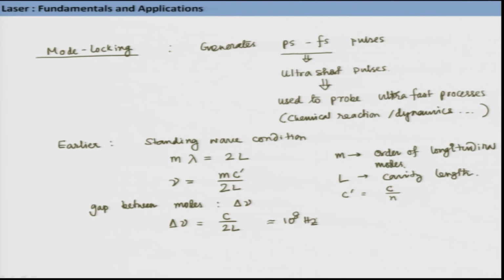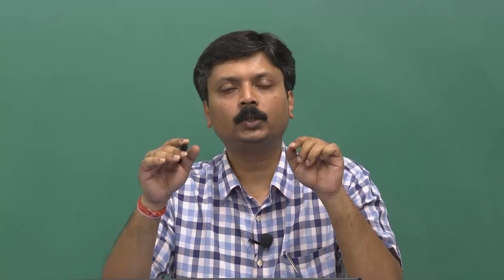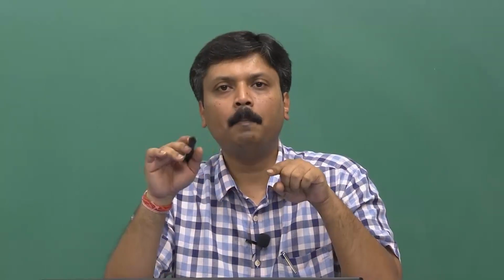Now, the particular modes that will be within the laser output is determined by, of course, the cavity length and also the spectral bandwidth, that is the emission bandwidth of the laser active medium, correct. If you remember, we have solved one problem using the example of He-Ne laser.